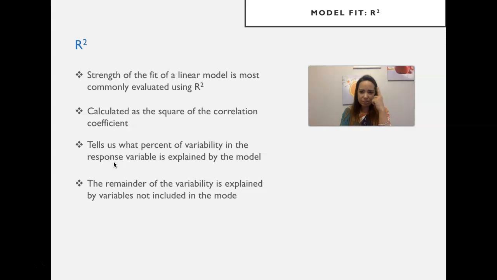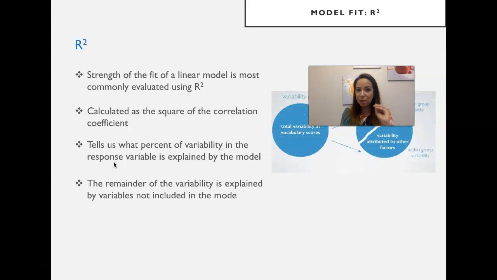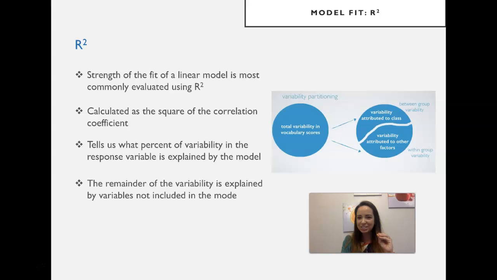And if it's not ringing a bell, I'll try to make it ring a bell because you've seen this before in ANOVAs. ANOVAs have behind them the same general linear model that we use for regression. So imagine you have the total variability. Remember, we had it in vocabulary scores. Here we have the total variability in poverty. And then we'll have the amount of variability that can be explained by graduation.